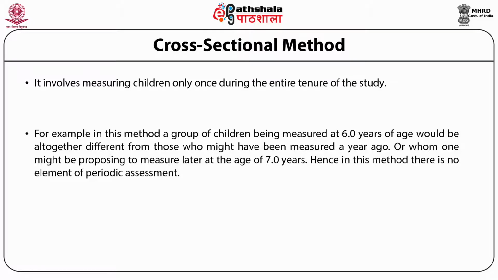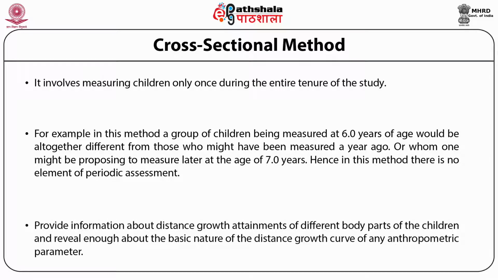Cross-sectional surveys provide information about distance growth attainments of different body parts of the children and reveal enough about the basic nature of the distance growth curve of any anthropometric parameter. In making cross-sectional standards, the number of children measured in each age group should be approximately proportional to the rate at which growth is taking place.